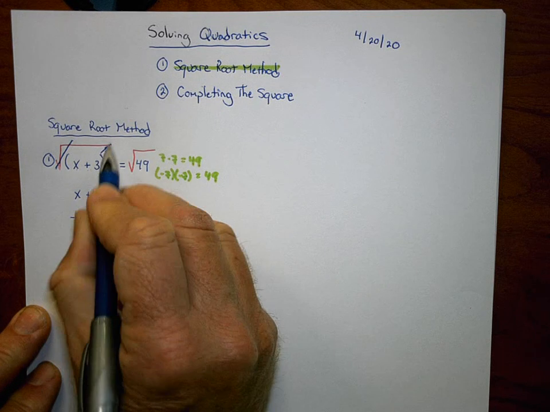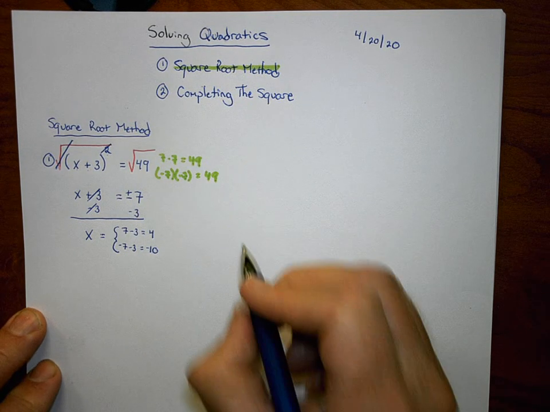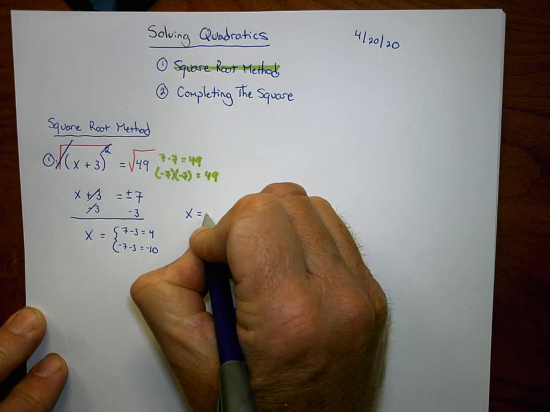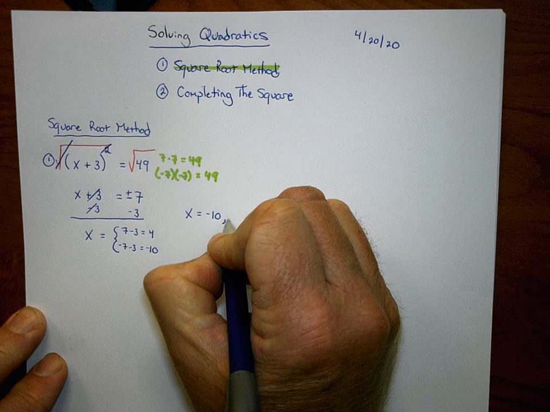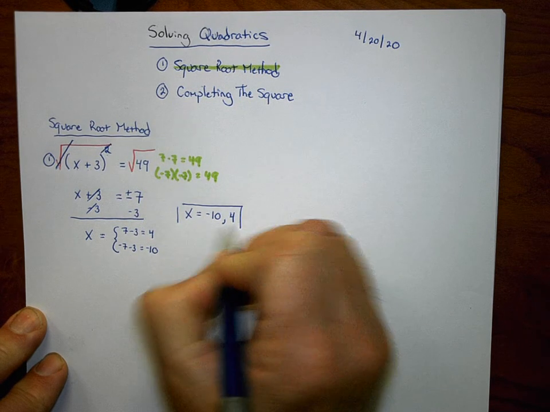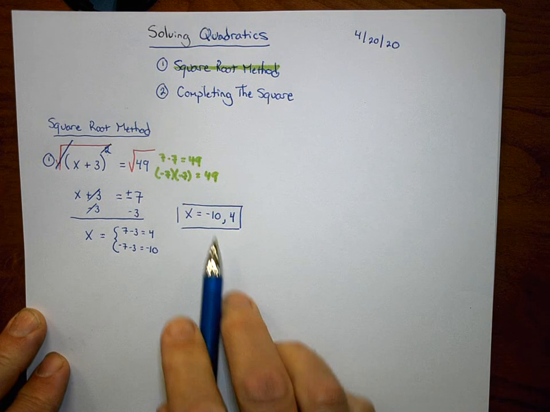So for this problem, if we said solve for x using the square root method, we would say that x is equal to negative 10, you put a comma, and you put a 4, and both of those answers are actually the solution to this equation. So what does that mean?